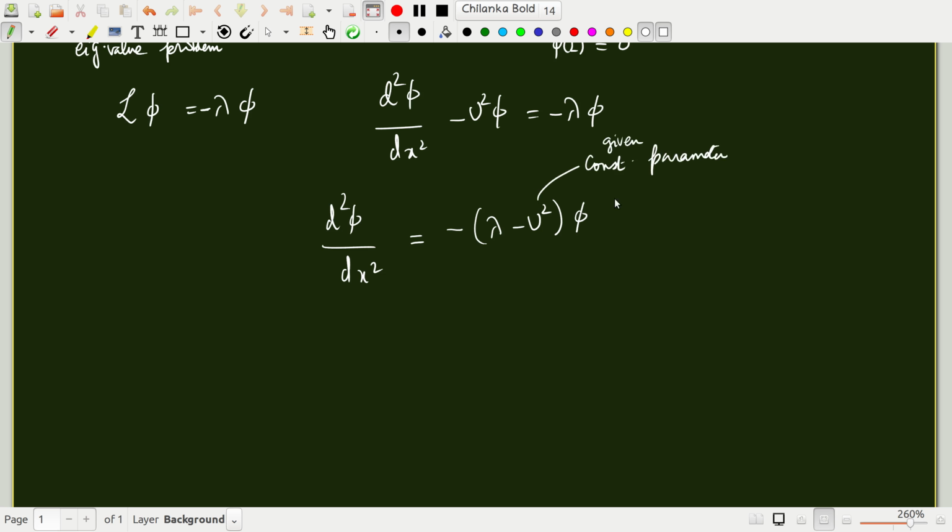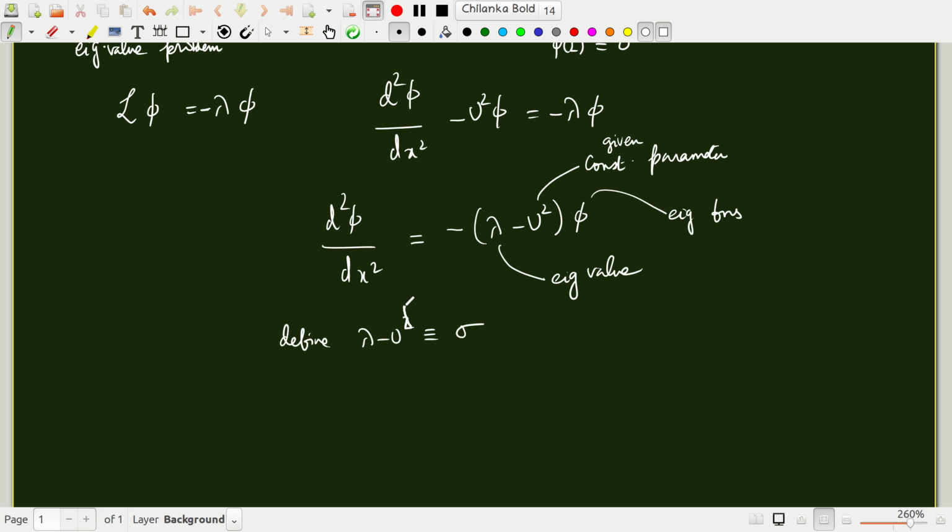It's like the heat transfer coefficient or some dimensionless representation of the heat transfer coefficient. And lambda is the eigenvalue, and phis are the eigenfunctions that we are going to solve for. Okay, I want to define this variable lambda minus u squared as sigma.